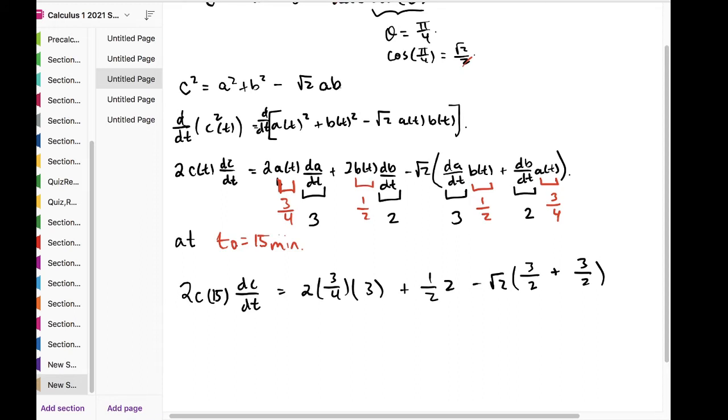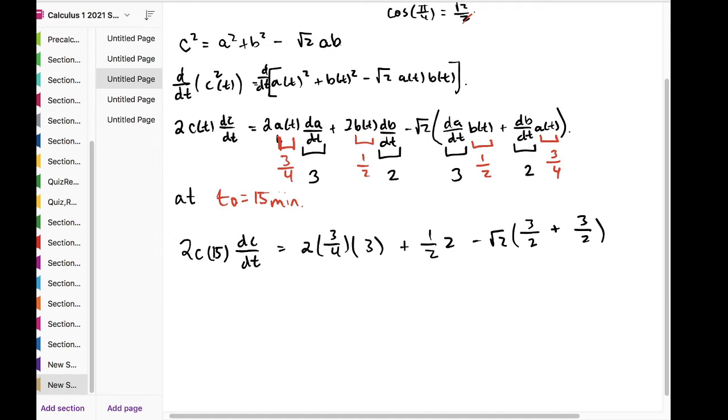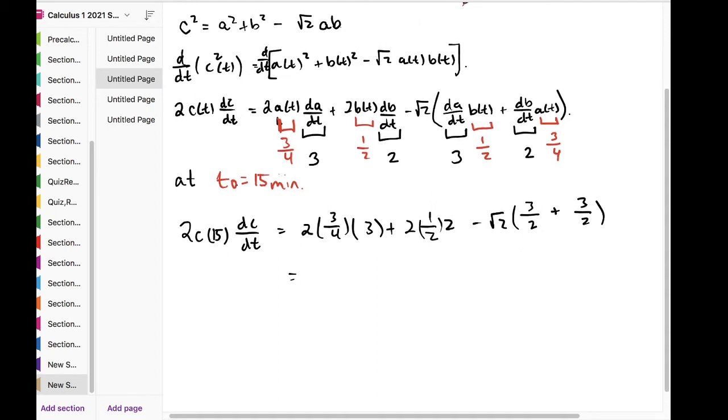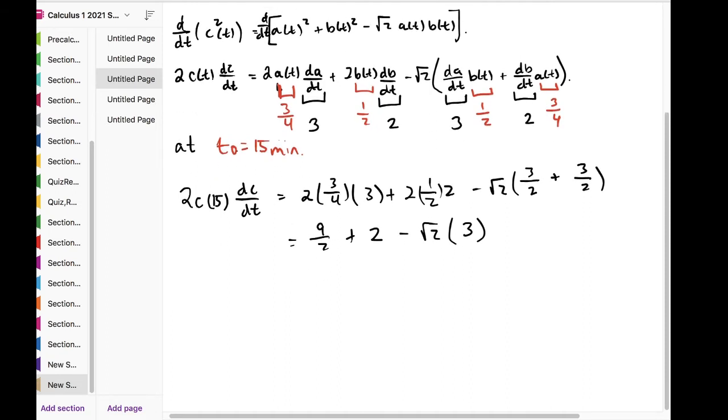Okay, did I do those fractions right? Let's see, 3 halves, so 2 times, oh, I forgot a 2 here. Okay, so let's just simplify this. So is that 9 halves, 2, and what's that? 6 halves, which is 3. That's good so far.